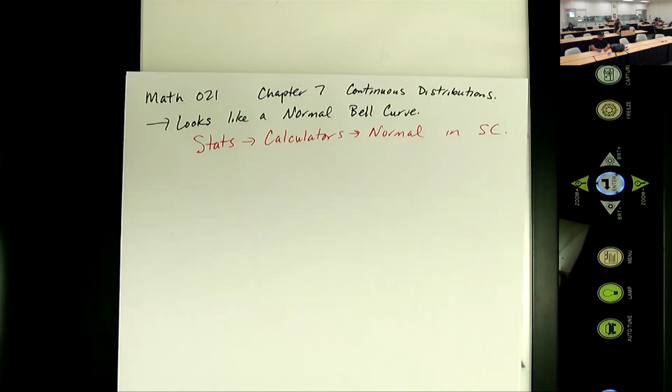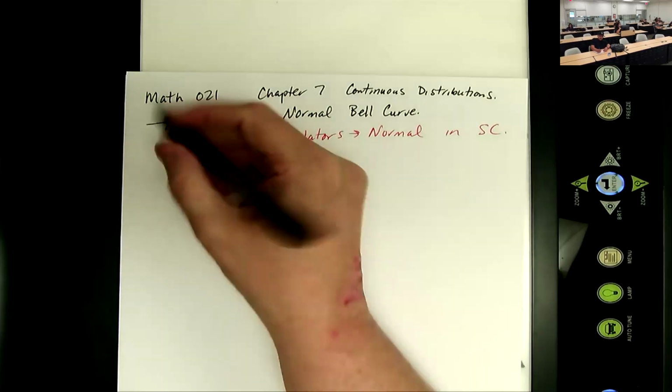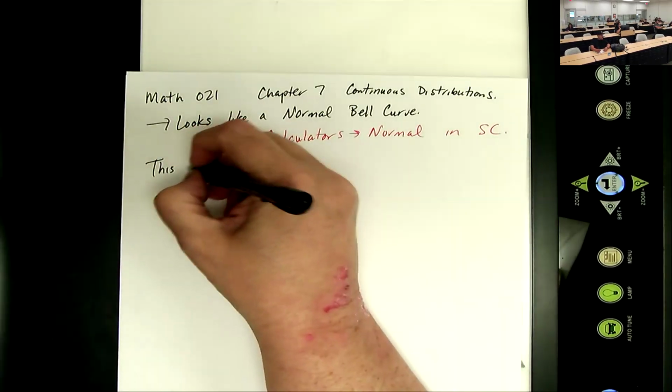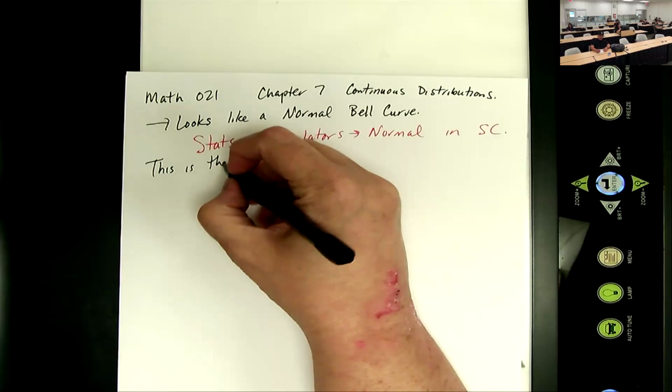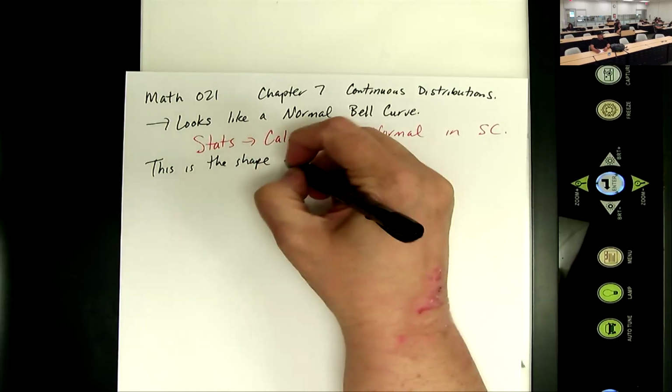And you've seen this shape. This is the shape we were using a lot.